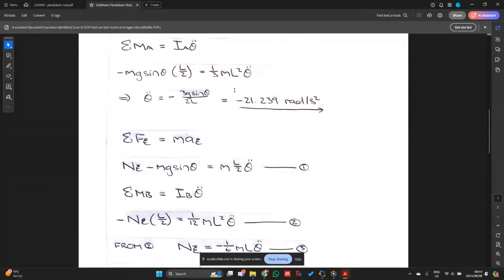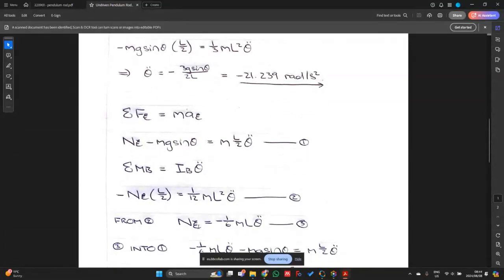If I rearrange these things, since I now know what theta double dot is, I can find the reaction force in xi over here. I think we actually did two different equations over here, but you could also always just find it directly from this force equilibrium.